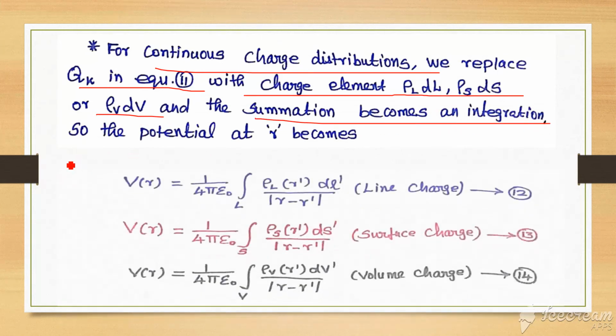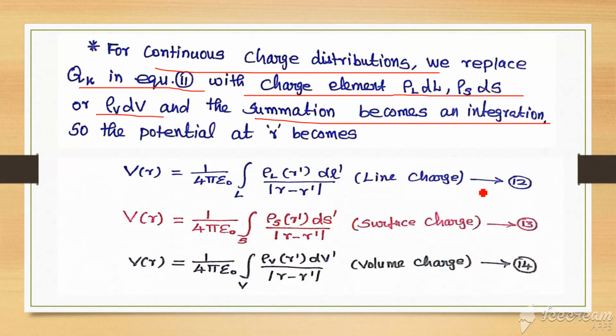So the potential can be written as V of r with respect to line charge, where qk is simply replaced by rho l dl, with respect to some point indicated by r', l'. Similarly, with respect to surface charge, rho s of r' into ds', and with respect to volume charge, rho v of r' into dv'. So this is for continuous charge distribution.